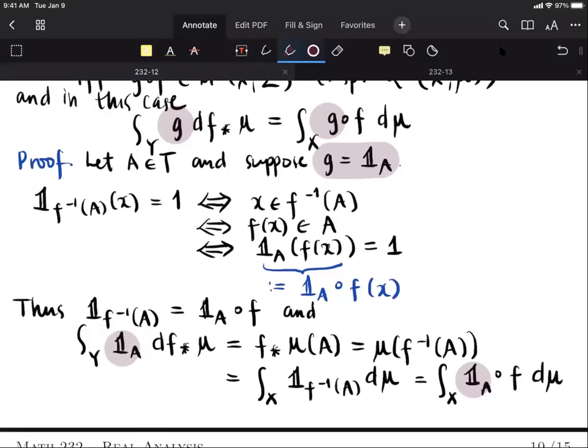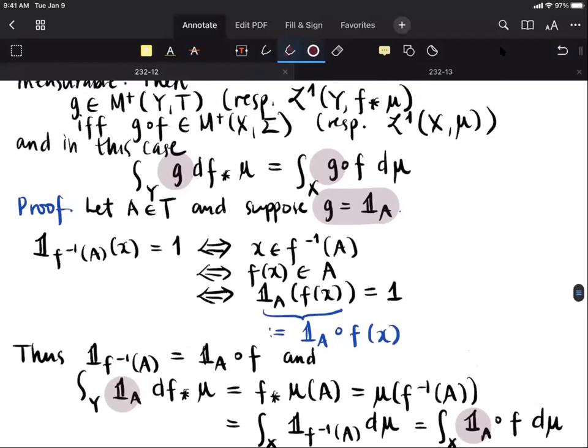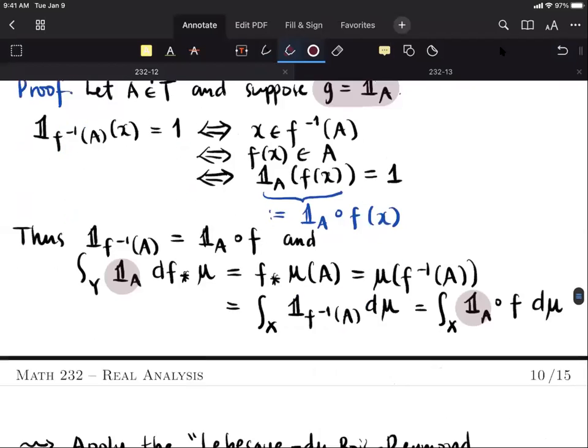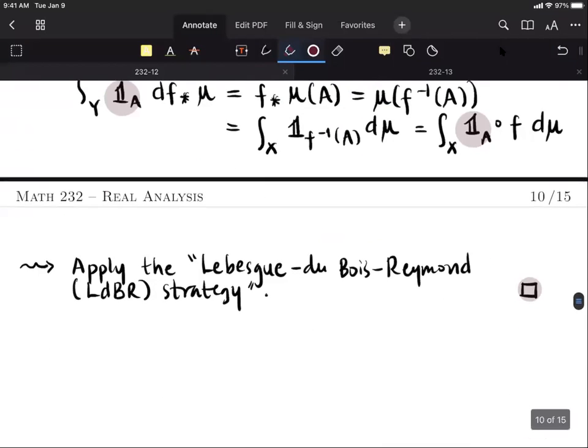And then for real integrable functions, you separate the positive and negative parts and apply the result for non-negative measurable functions. And finally, in the complex case, you split it according to the real and imaginary parts, and then apply the real case. So this is basically what I called the Lebesgue-Dubois-Reymond strategy.